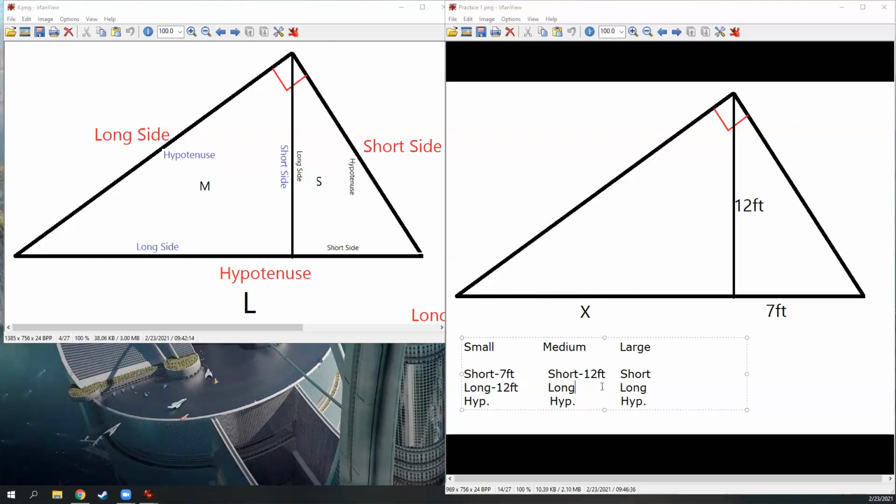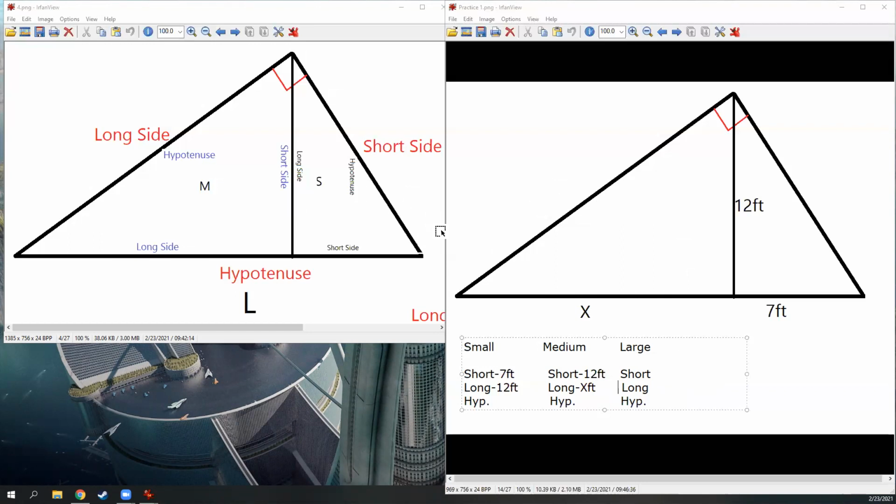We're going to mark that because x is important. It's what we're trying to find. And in the medium triangle, we do not have the hypotenuse. That's blank, nothing there.